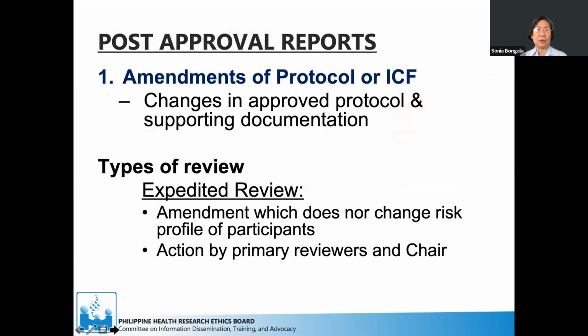Okay, so in the amendments of protocol or in informed consent form, 2 types can be done in terms of review. If the amendment does not change the risk or the profile of the participants, and no vulnerability has been produced, it goes through expedited review.